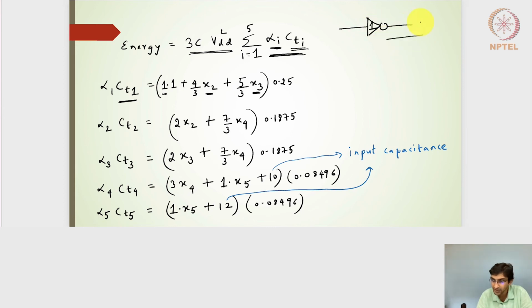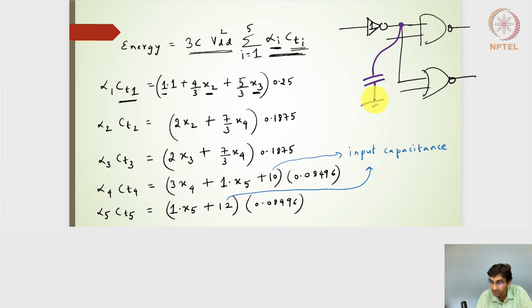And then we have the 2-input NAND gate, and somewhere we have the 2-input NOR gate. What we are trying to identify is the total capacitance at this particular node, which I'm writing as node number 1.